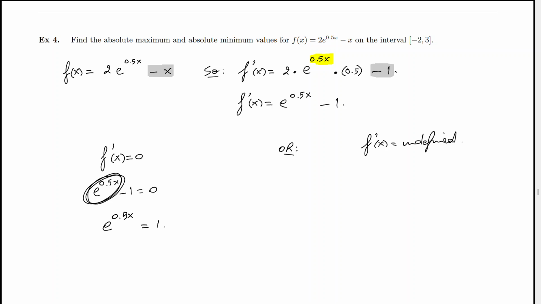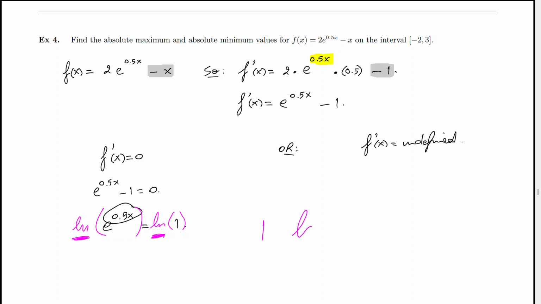So I'm going to move the 1 across, so that way we have e to the 0.5x on one side and just 1 on the other side. Then we have learned in the previous section that to get x out of the power, it requires doing a natural log. And whatever you do on one side, you're supposed to do exactly the same thing on the other side. And when I do the natural log, it's always going to be written on the left side. So always write it down here on the left.